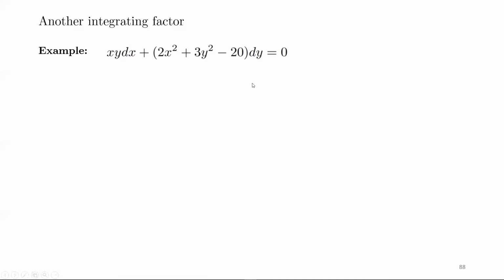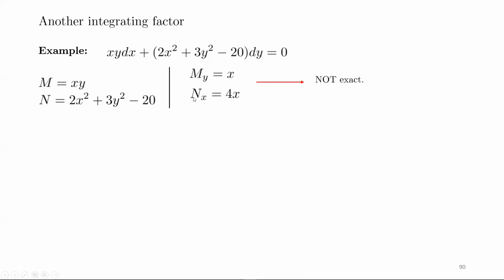M is just what's multiplying the dx, N is just what's multiplying the dy. If I take the partial derivative of M with respect to y, I just get x. If I take the partial derivative of N with respect to x, I get 4x. So these two things are not equal, and therefore the ODE is not exact.